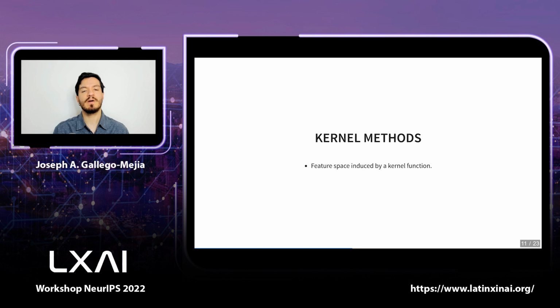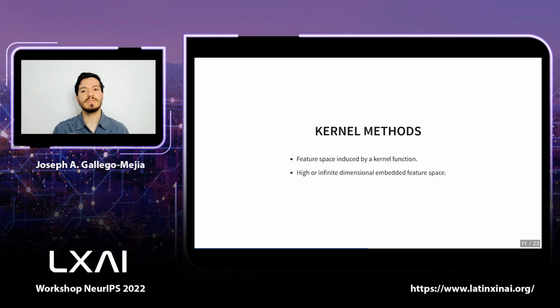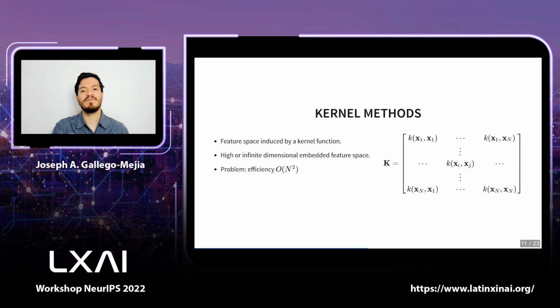Kernel methods are usually used in machine learning tasks. It's a classical one where we want to induce a feature space given by a kernel function. The kernel function can create an embedded space that is high or can even be an infinite dimensional space.